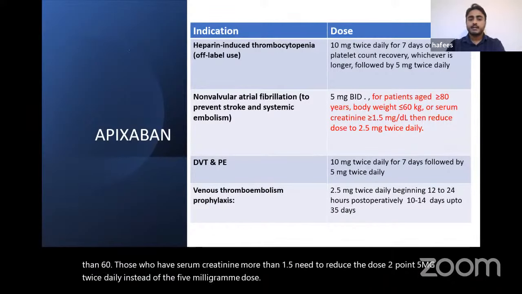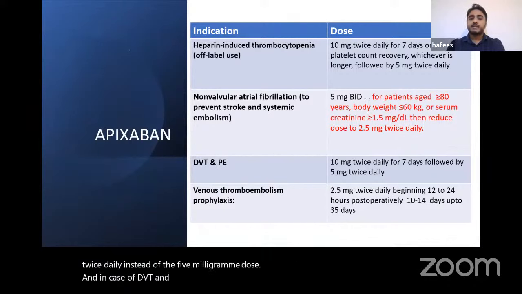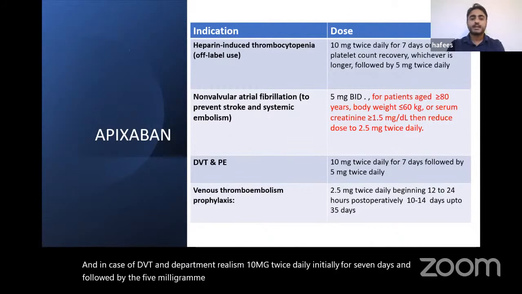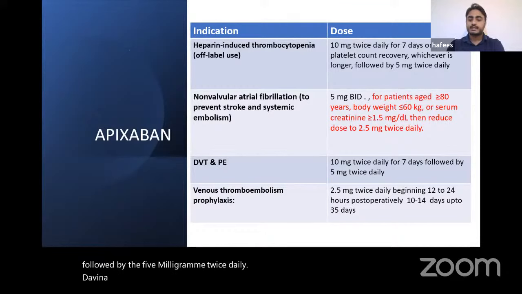And in case of DVT and pulmonary embolism, 10 milligram twice daily initially for 7 days, followed by 5 milligram twice daily. Venous thromboembolism prophylaxis, 2.5 milligram BID, beginning 12 to 24 hours post-operatively.